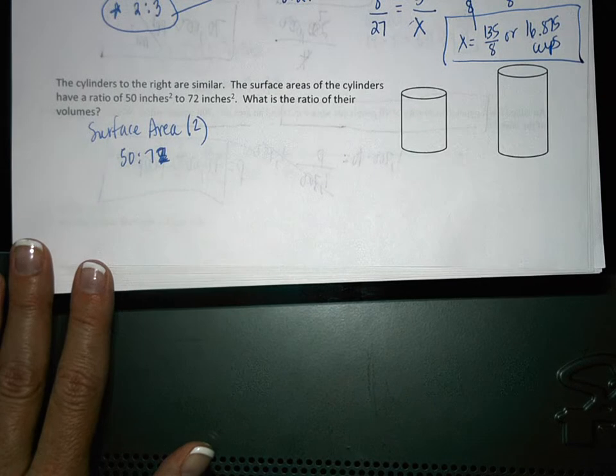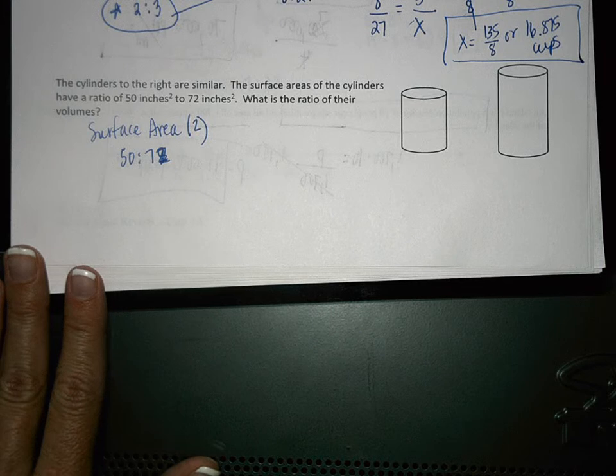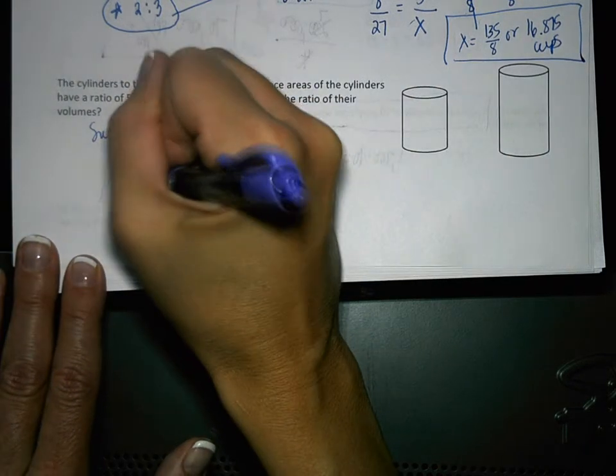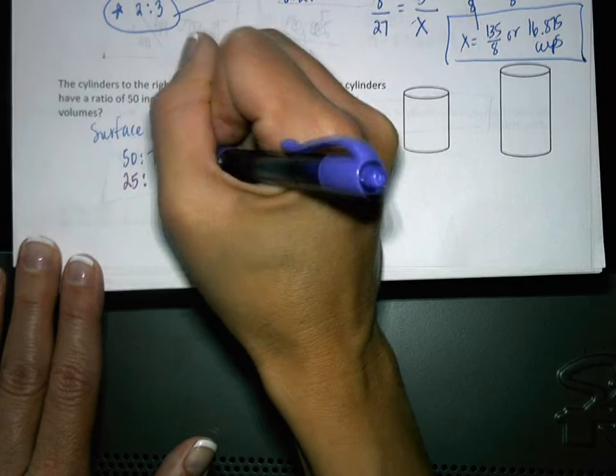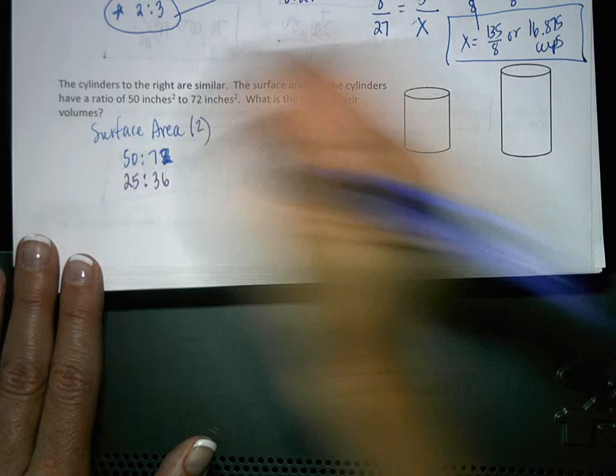What can that reduce by? I know I can start by reducing by 2, right? So 50 divided by 2 is 25, and 72 divided by 2 is 36.